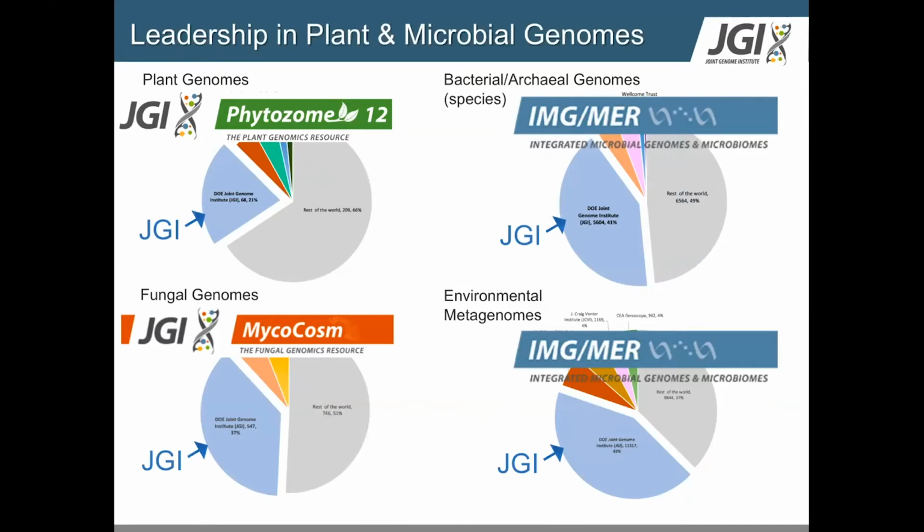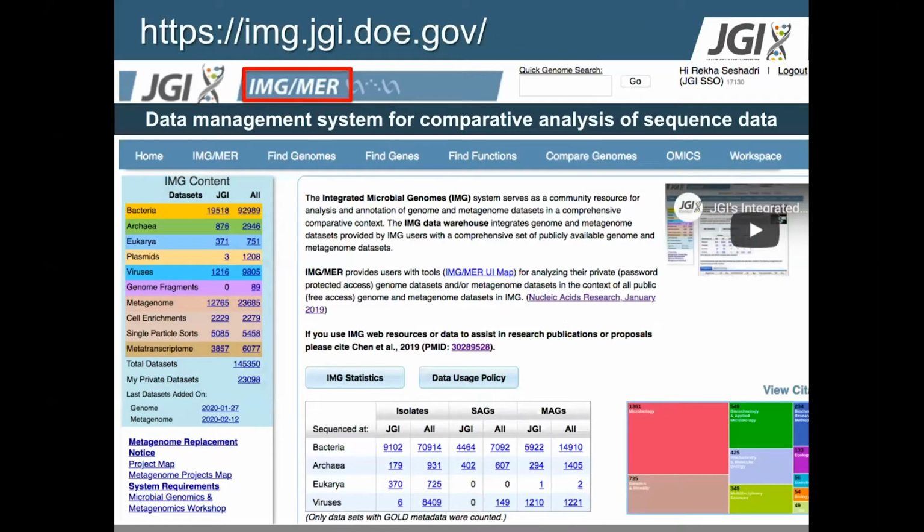I'm just going to show you some of it. Not the tools, I mean, it's a large behemoth, so it's hard to cover it all. But I just want to make you aware that this tool exists, and it's a data management system for comparative analysis of sequence data.